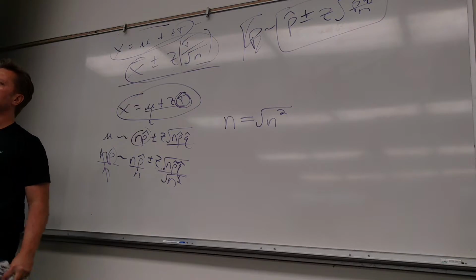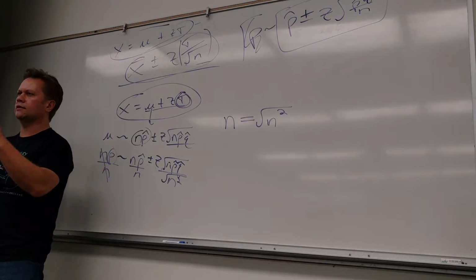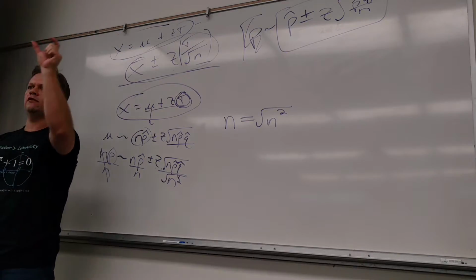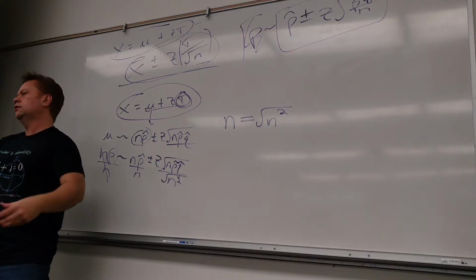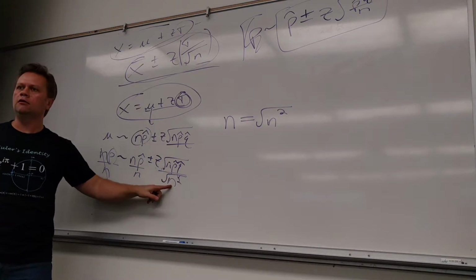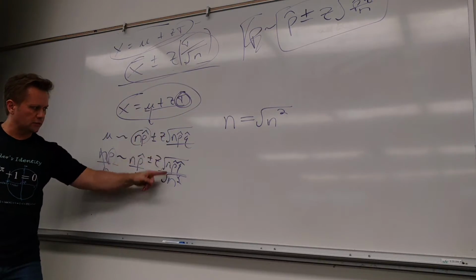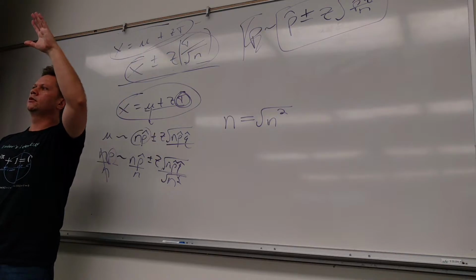So I didn't do something to the bottom, I rewrote the bottom. Wherever I see 5 plus 3 in the universe, I can replace it with 8. Did I do something to it? No, I replaced it with what 5 plus 3 means. So I replaced n with what it means, square root of n squared, which made it possible for me to reduce that to just a single n on the bottom.